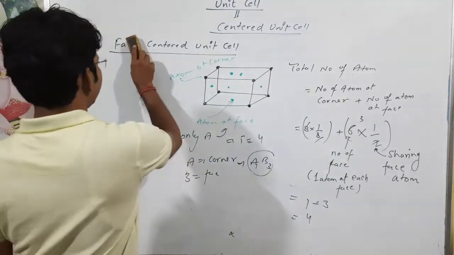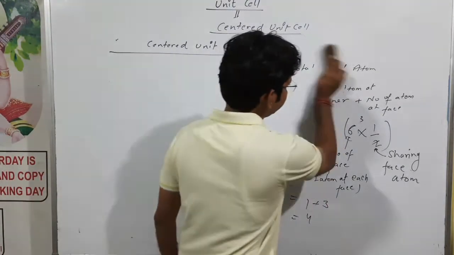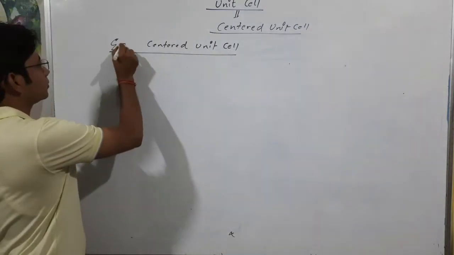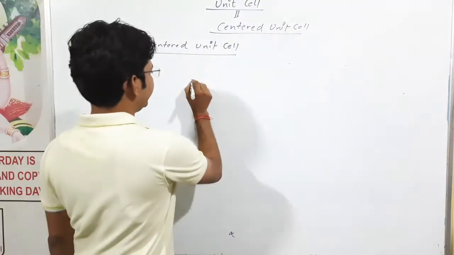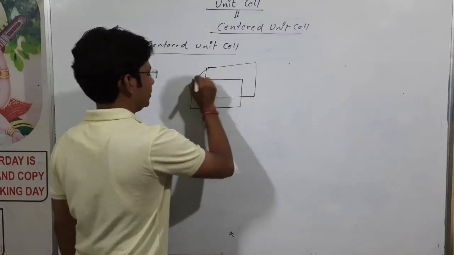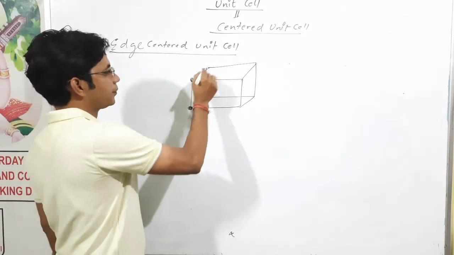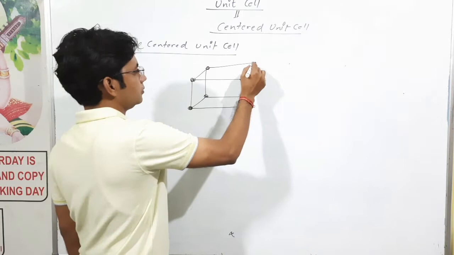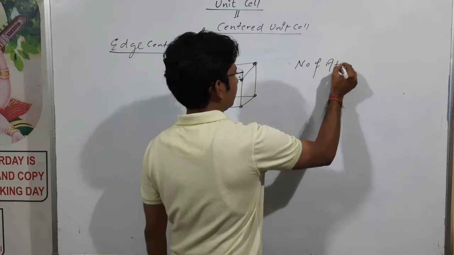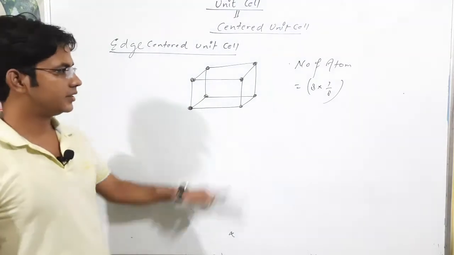Now we will consider the edge centered unit cell. As simple as it is, this is our primitive unit cell and the number of atoms present at the corner is 8 into 1 by 8, as usual.